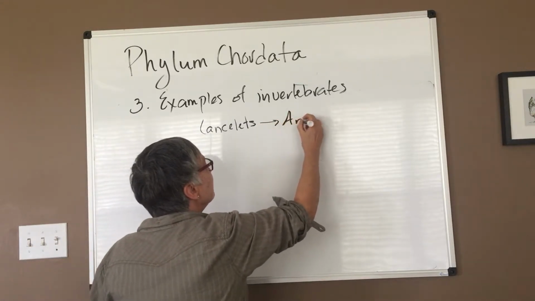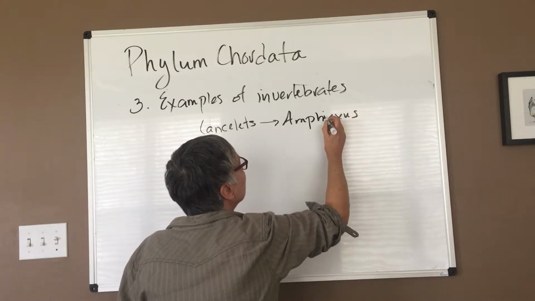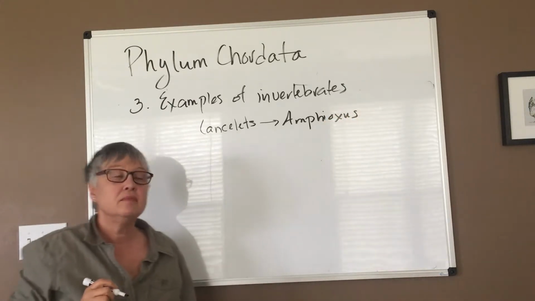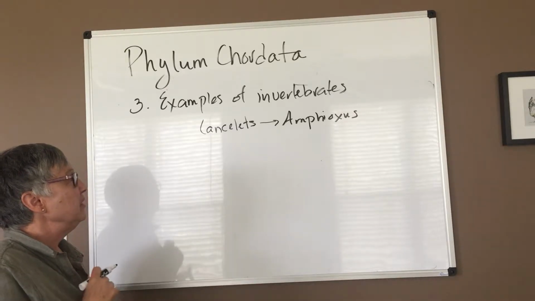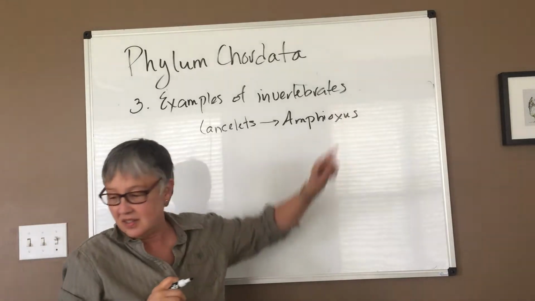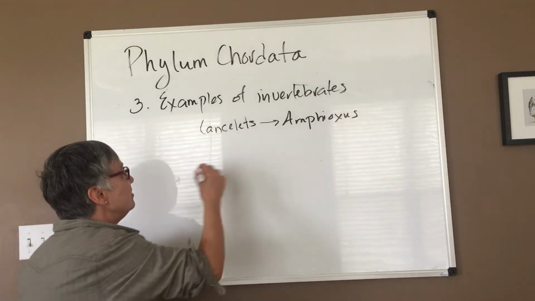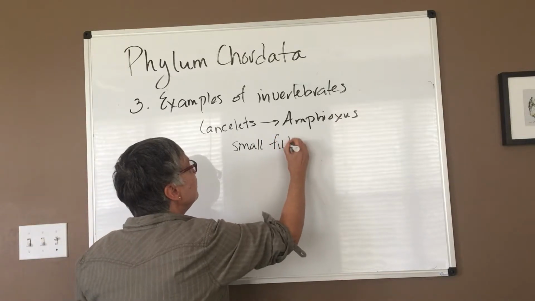One genus that you might run across if you go into biology, maybe in college, is a genus called Amphioxus. And these are very small filter feeders.